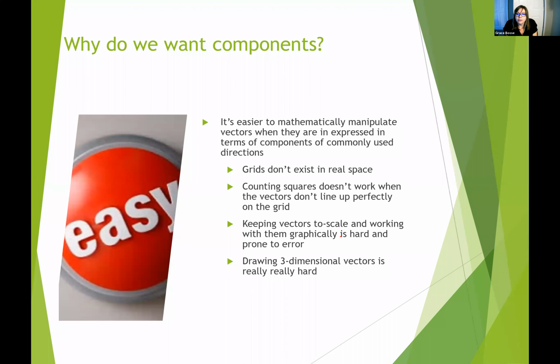We measure angles instead of measuring lengths. So we're going to have to start using these vector components to express our vectors in terms of other unit vectors. This is what we're going to do for the rest of the semester: finding the components of vectors in particular directions so that we can mathematically manipulate those vectors using rules of vector math. All right, so that's why we're doing it. Get used to it because we're going to do it over and over and over.